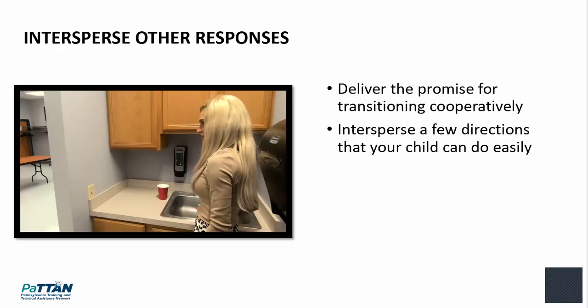If what you're asking them to do is too hard, they might begin to associate the transition with things are about to get hard. And that's actually going to make transition something that they'll want to avoid. So get them responding successfully so they can contact that reward as soon as possible.